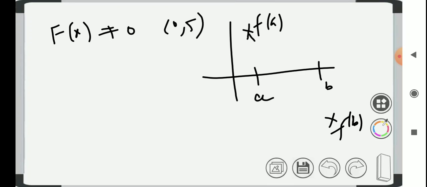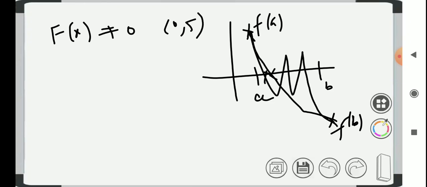It must cross the x-axis at least once, which is the root of this function. It may go like this, but it should cut the x-axis at least once.